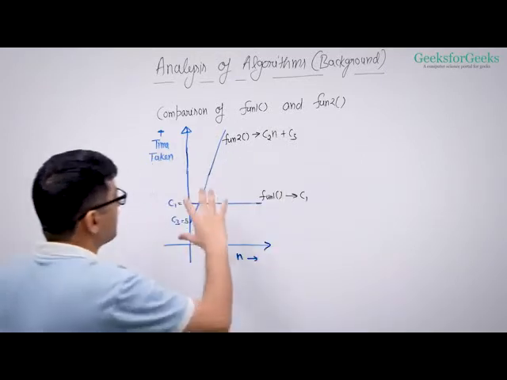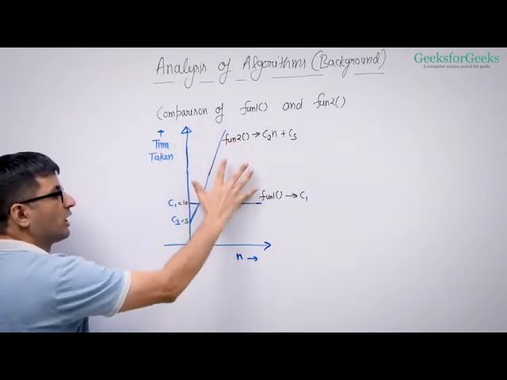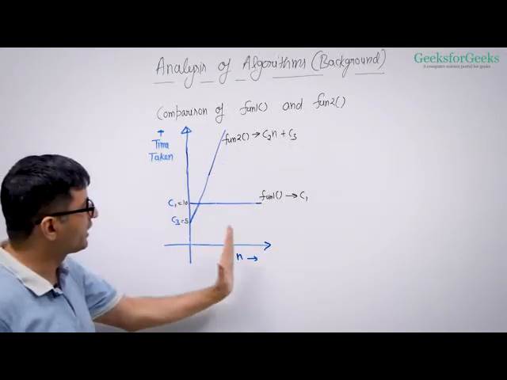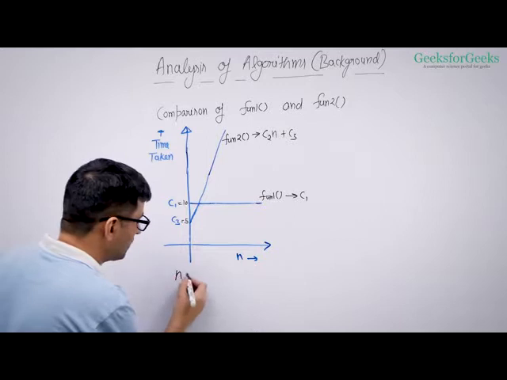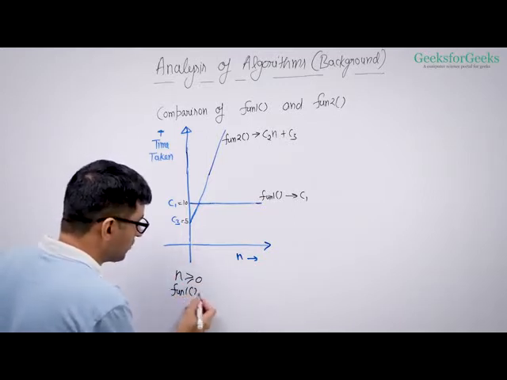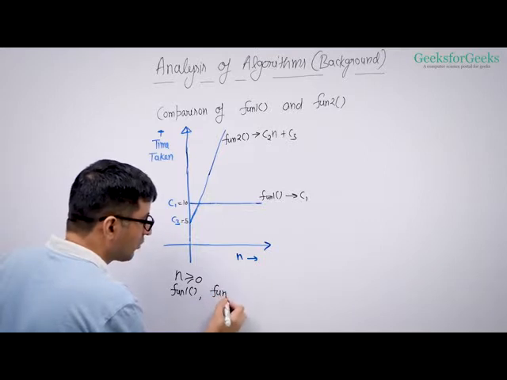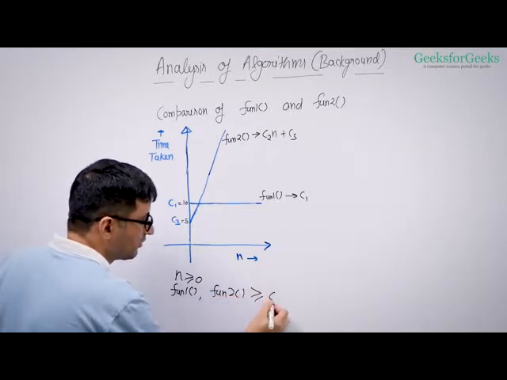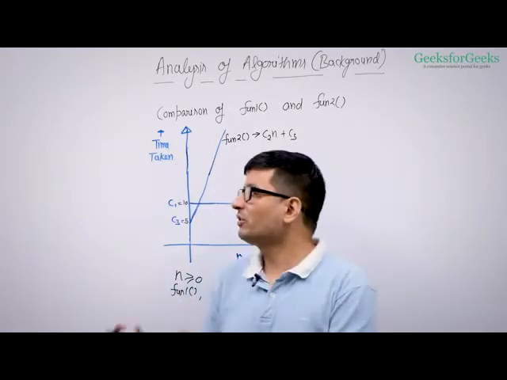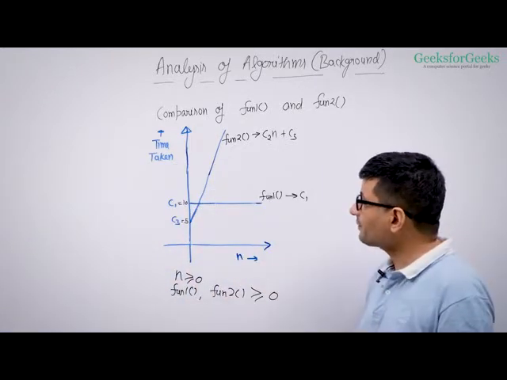So we always talk about this first quadrant of the 2D coordinate system, where we have n greater than or equal to 0, and our functions, whether fun1 or fun2, are always greater than or equal to 0, right? So that's what we do in time complexity analysis. We talk about this particular quadrant.